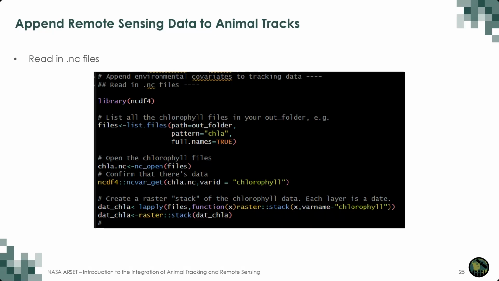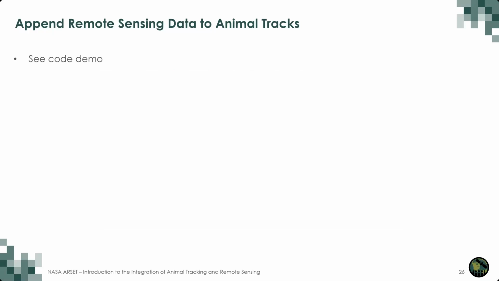They are NC files, which are pretty typical for a lot of environmental data. So you would just use the package ncdf4 and use these nc_open, nc_get functions, and then you would make it a raster. Now I'm going to pause PowerPoint, and then I'm going to switch to RStudio.